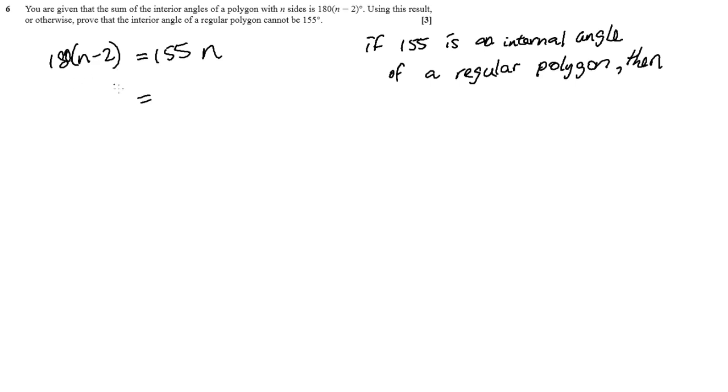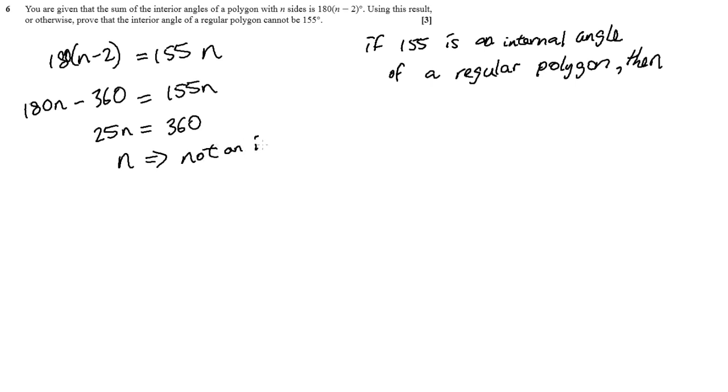Then we can expand everything and calculate. With that said, 180n take 360 equals 155n, and by rearranging we get 360 is equal to 25n, and in this case if you plug it into the calculator, then you get n is not an integer.